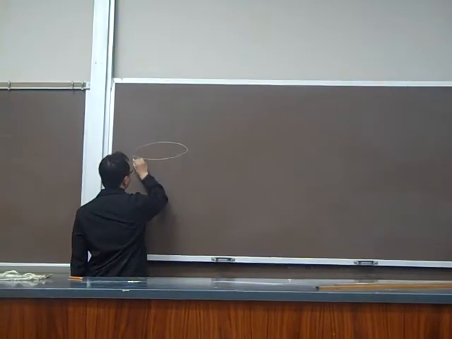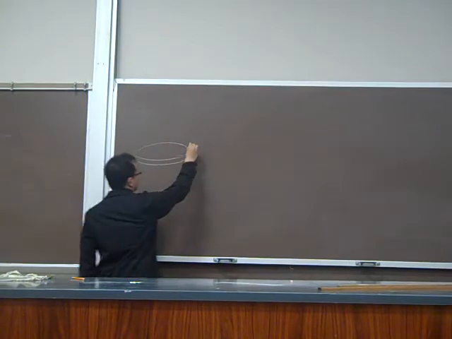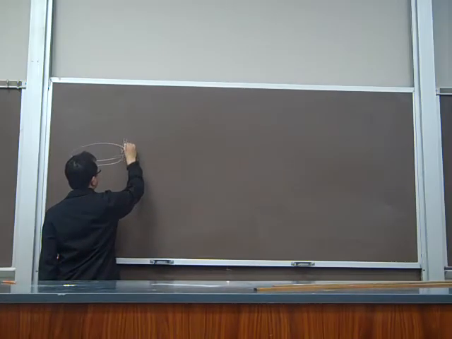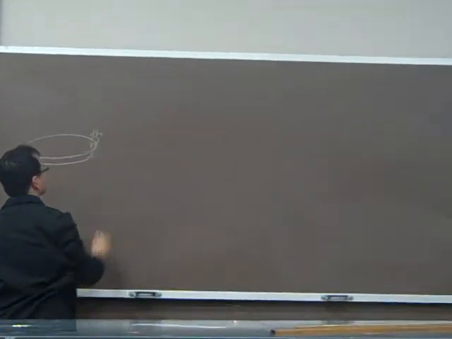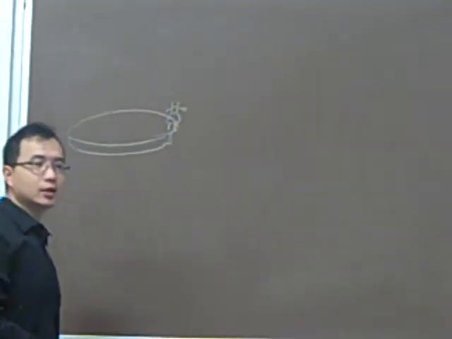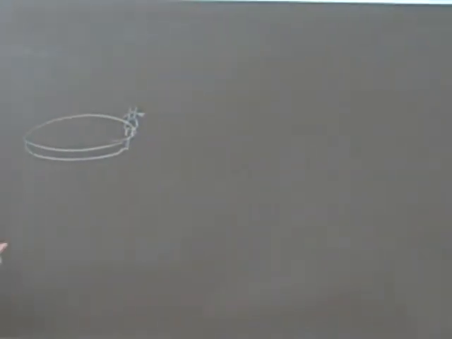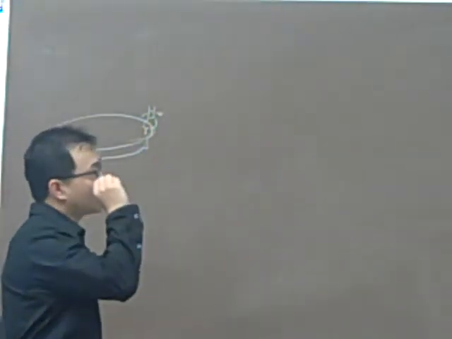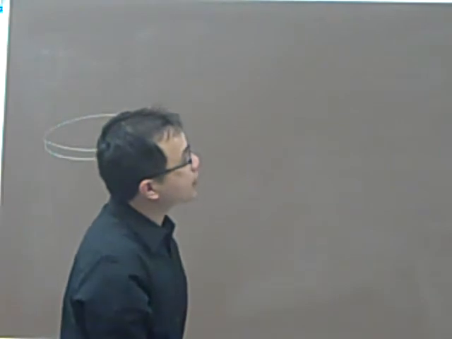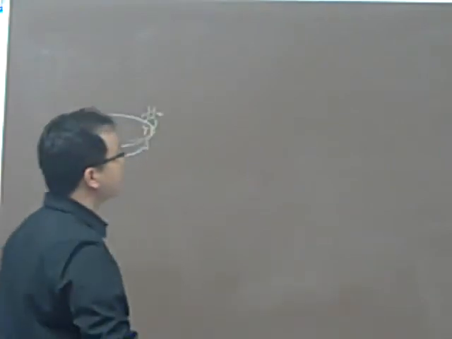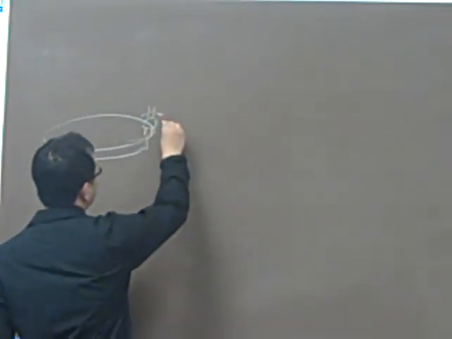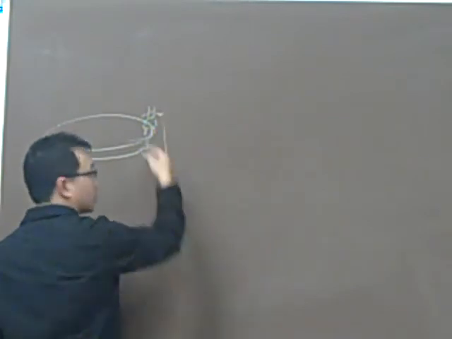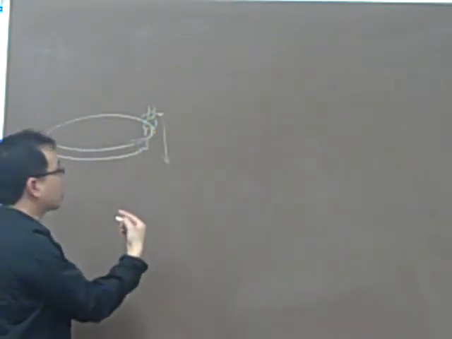It's something like this. We have a merry-go-round. Initially, it's at rest. A girl is standing at the edge, and she has a rock in her hand. Initially, it's stationary, and then she will throw the rock in some direction, suppose this direction, tangent to the merry-go-round.